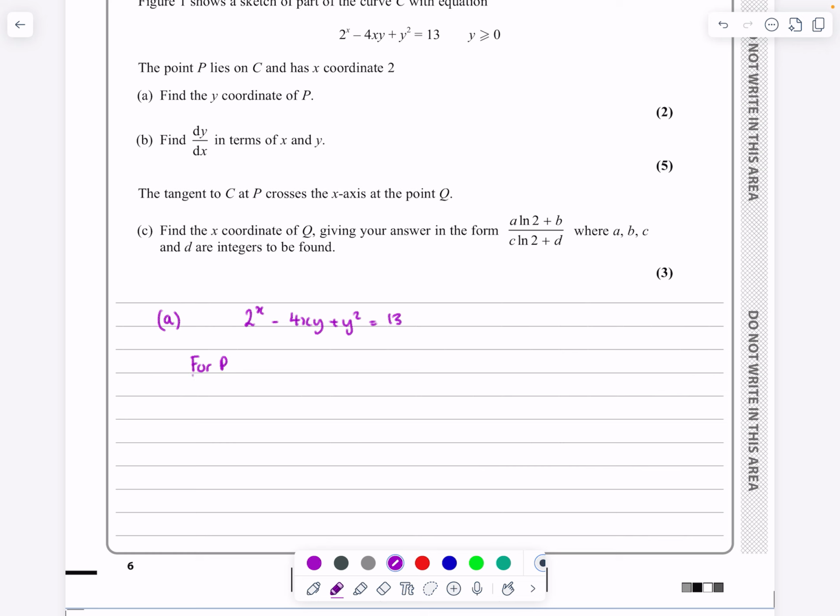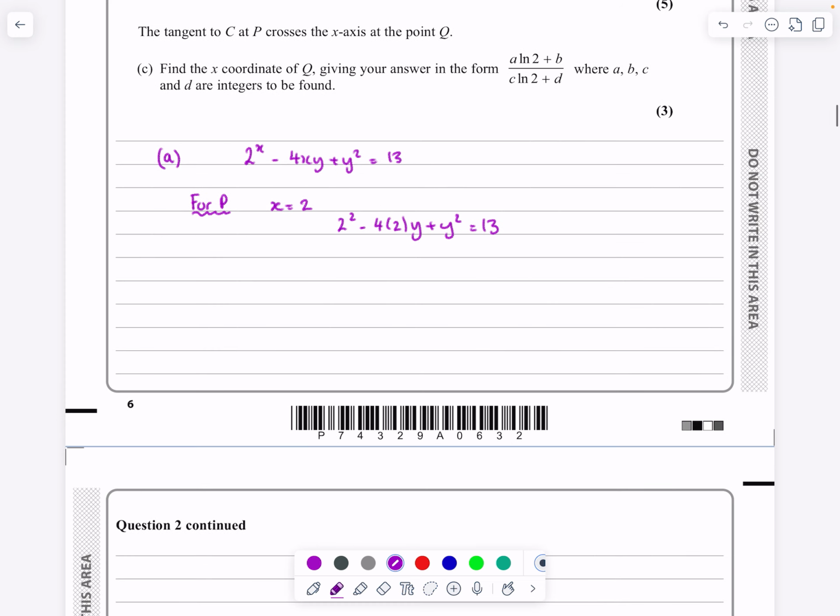So for P, x equals 2, and so we get 2 squared minus 4 lots of 2y plus y squared equals 13. I've just got to solve this quadratic equation. So that's 4 minus 8y plus y squared equals 13.